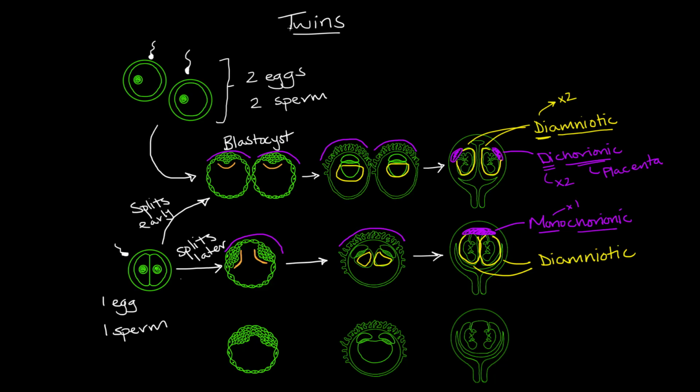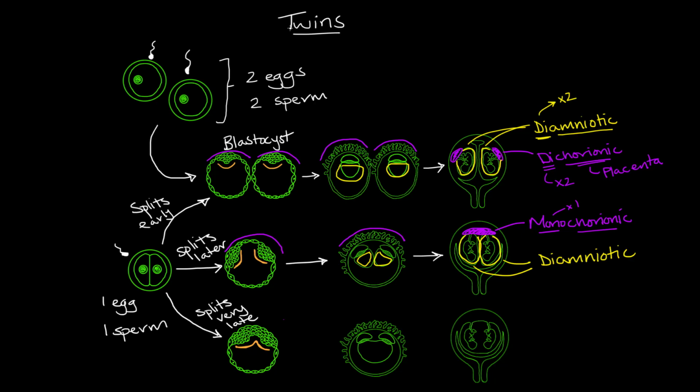And this is one possibility of this one egg, one sperm twins. If the egg splits even later than in the monochorionic diamniotic, so it splits very, very late, then we still only get one blastocyst, but you can see the two inner cell masses actually start to sort of merge together.